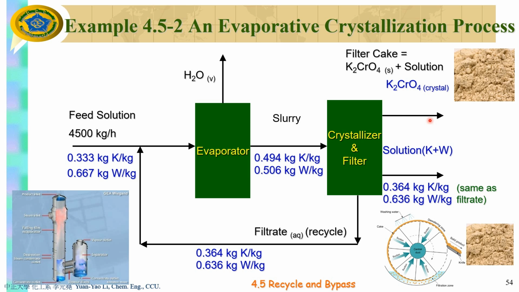And then let's go to the last line. The solution that passes through the filter is also 36.4% potassium chromate in the recycled stream. We already know this on the slide. So these are all the information we know, and we write down most of the information in this flow chart, in this slide.